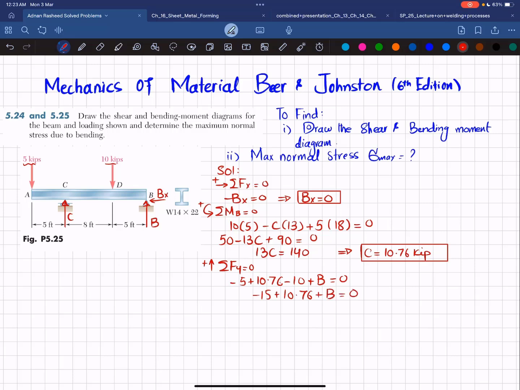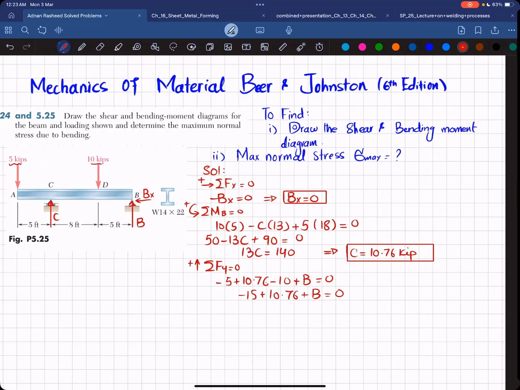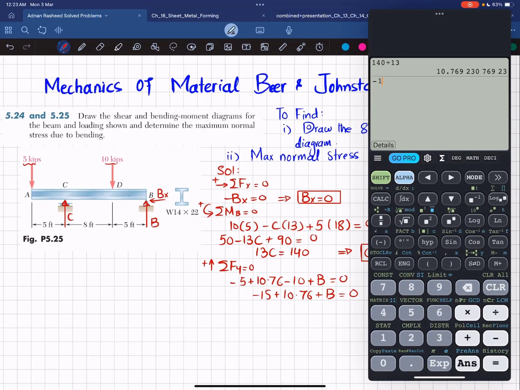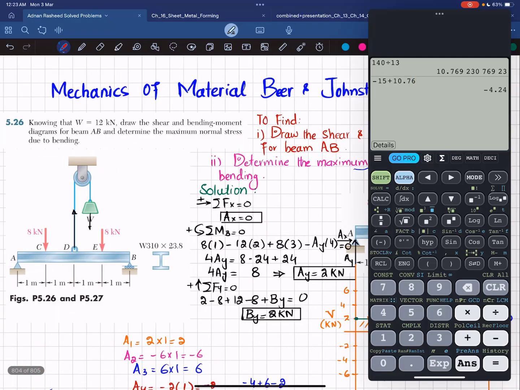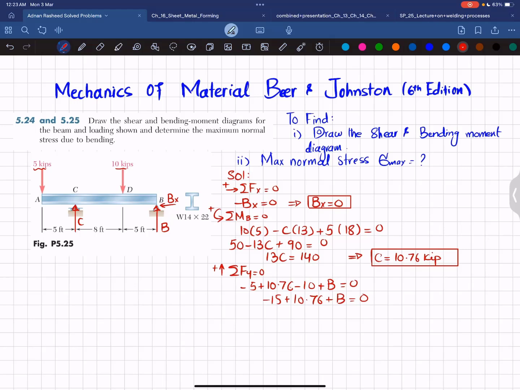So we'll choose the calculator. Minus 15 plus 10.76 will give you minus 4.24, and when it will go toward the right hand side, it will be 4.24. Okay, sorry, B will be equal to 4.24.